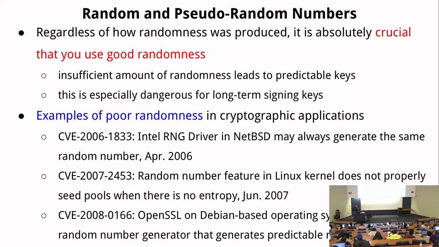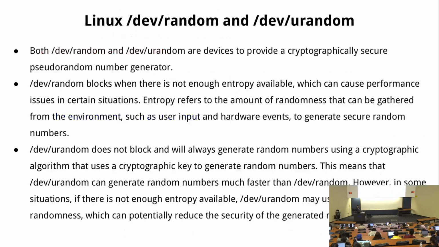Okay, that's a huge mistake. It means your crypto system doesn't work because your key is always the same. Also, in 2007, it was found that the Linux kernel doesn't properly stir the pool when there is not enough entropy. Also, Debian-based OpenSSL used a random number generator that generates predictable numbers. So those are huge mistakes, which render the whole crypto system useless.